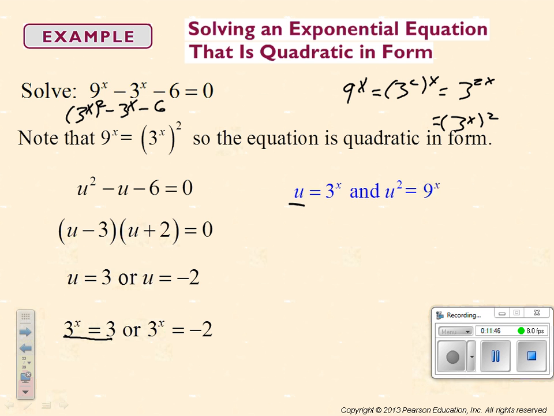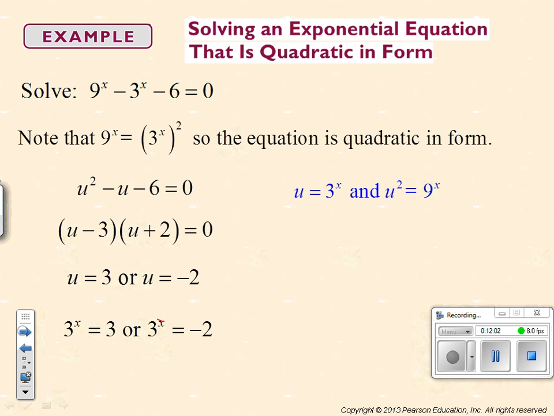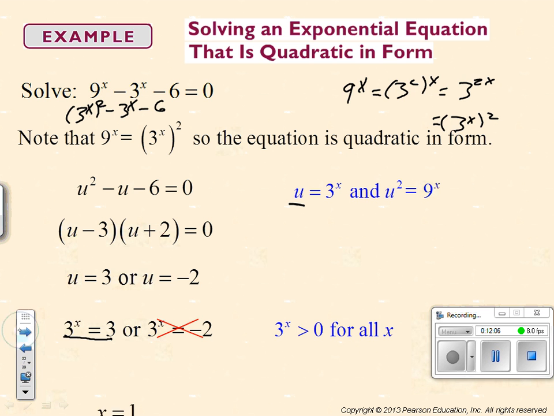Insert a natural log, and we'll end up with x is the natural log of 3 over natural log of 3, or natural log of 3 over 9. Gosh, I'm embarrassed by that. Why did they cross this one out? You can't take 3, raise it to a power, and have it turn out to be a negative.